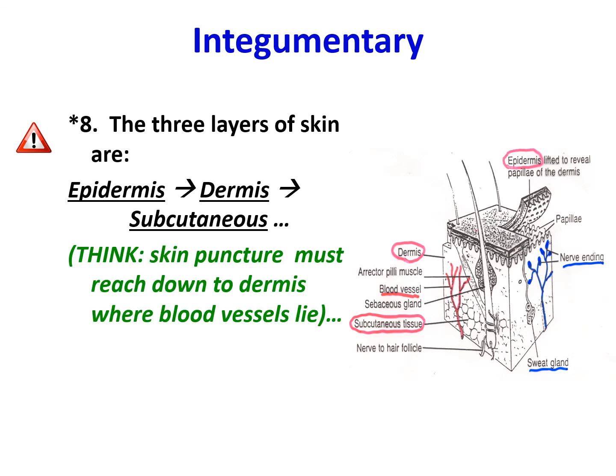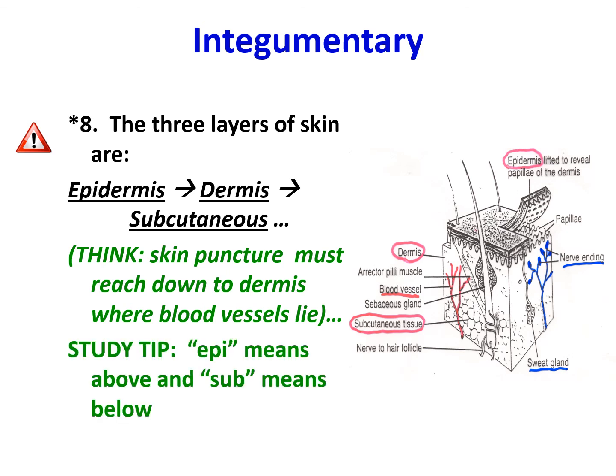So when you think of skin puncture, it must reach down to the dermis where the blood vessels lie. Because you see in this picture, it highlights where those blood vessels are, and it shows that you've got to get down to at least that dermis level to be able to tap into that blood vessel to draw your blood.